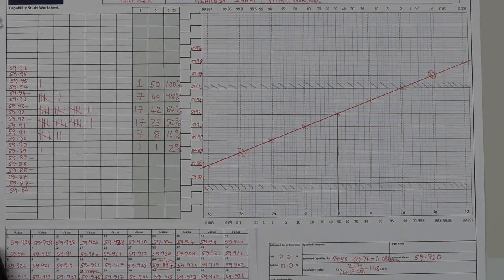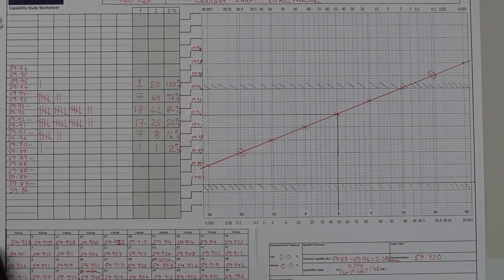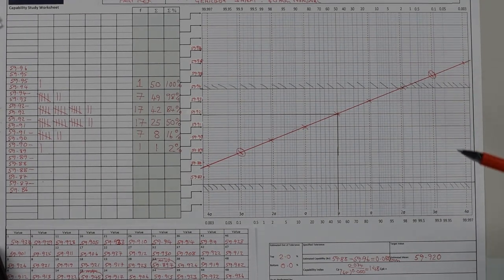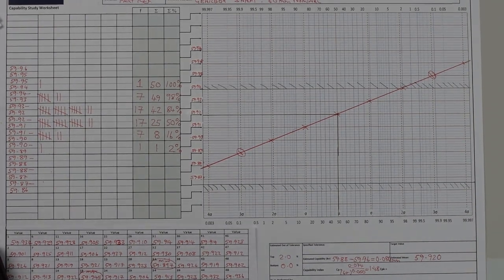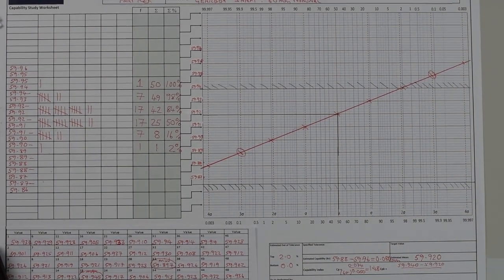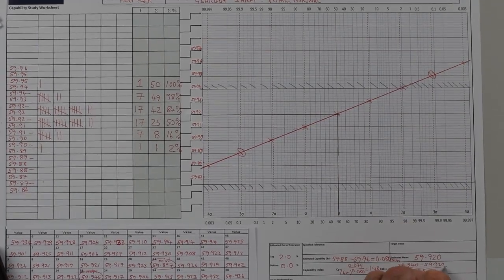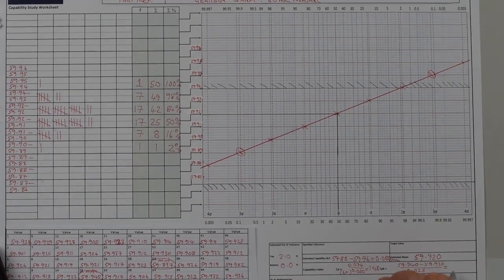In this instance, we would take this point here, 59.94, subtract the value of the mean, which is 59.920, and divide by the 3 sigma point, which is 0.025, which gives us a CPK of 0.80.